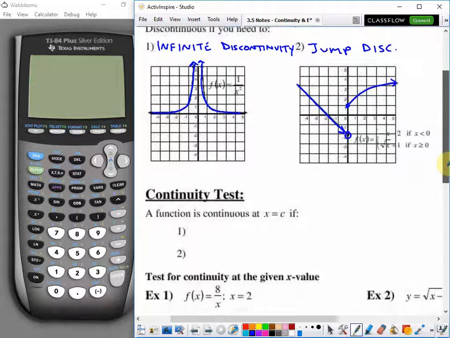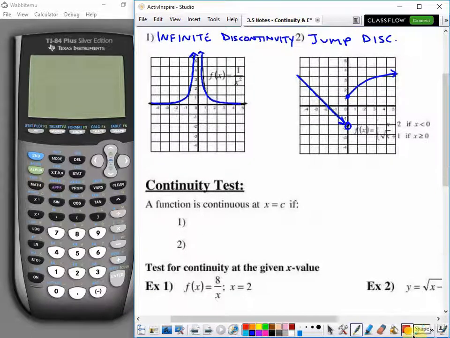So the continuity test: to determine if a function is continuous at x equals c, the first thing you have to check for is, does f of c exist? A function is continuous first of all if f of c exists. In our first graph up here, f of 0 does not exist.